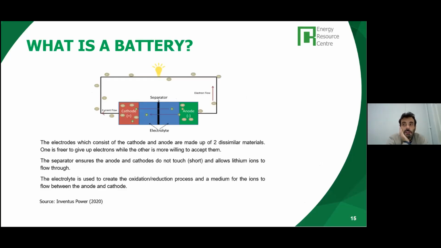So if you remember, engineer Santiago Antolin showed this picture from Inventus Power. What is a battery? Essentially, we have similarities with the PV cell because, again, we have a flow of current, a flow of electrons, from a negative electrode called the anode to a positive electrode called the cathode, in direct current, in DC.